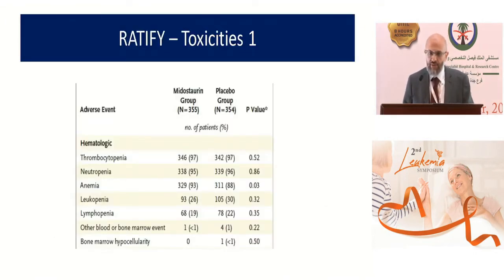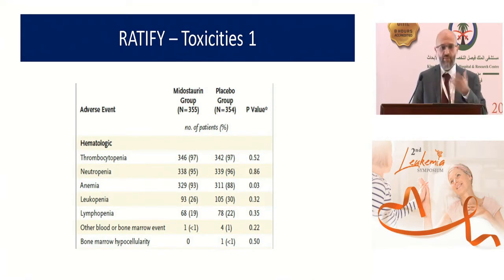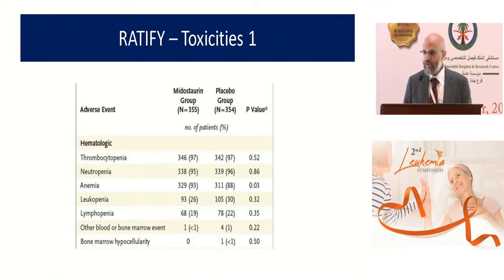What we found, and even in the study, is it's actually certainly less toxic than sorafenib. And even, say, for nurses who are treating patients with leukemia on the wards, we found it reasonably well tolerated.